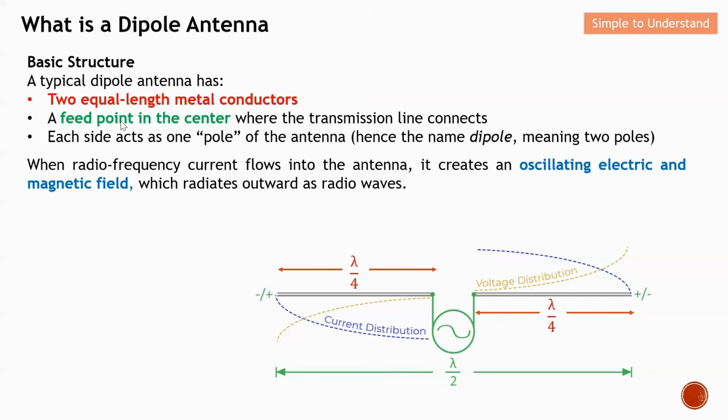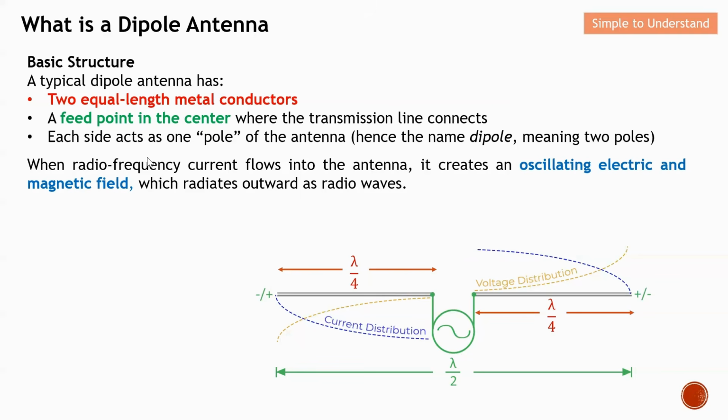A feed point will be at the middle, where the transmission line connects. Typically the transmission line will be a coaxial cable. This portion here will be connected either to the transmitter or the receiver. Each side acts as one pole of the antenna, and because we have two poles, this is why we call it a dipole antenna.